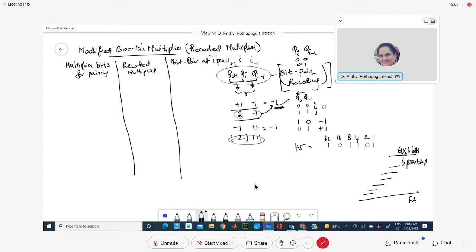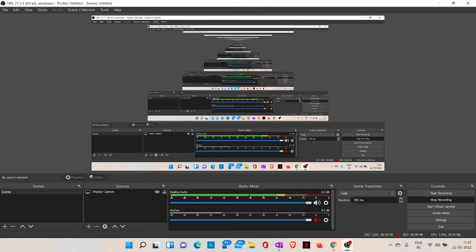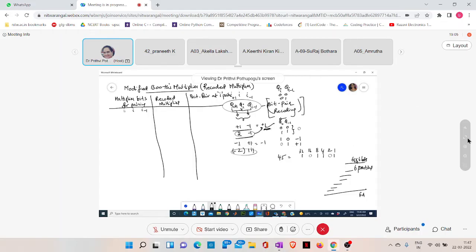Where do you take that bit value? That means I minus 1, I and I plus 1, I am taking.